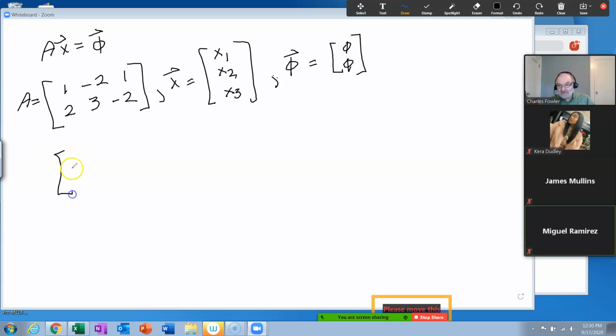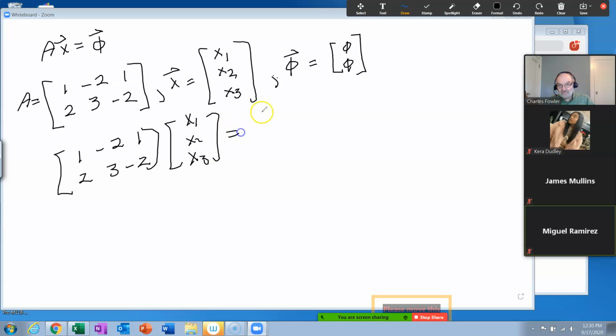That's going to be 1, negative 2, 1, 2, 3, negative 2, times x1, x2, x3, and that is equal to 0, 0.